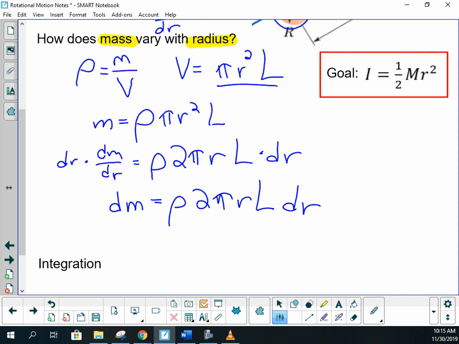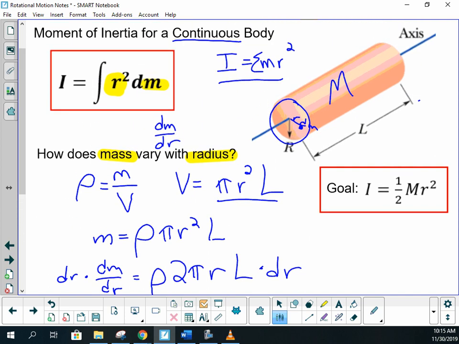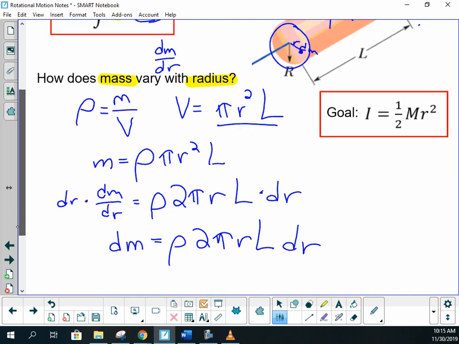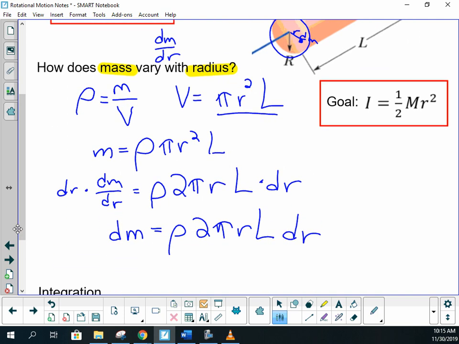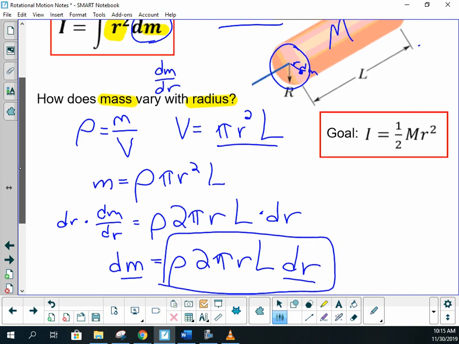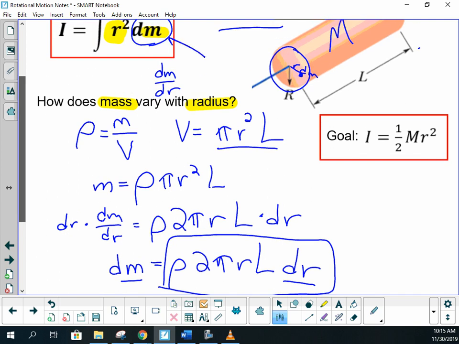Okay. So why did we do all of this? We did all of this algebra and a little bit of calculus to be able to substitute in right here. So if we take a look at what we just figured out, we figured out how the mass varies with the radius. So if we take this statement and substitute it in our equation for dm right up here, then our variables will now match, right?